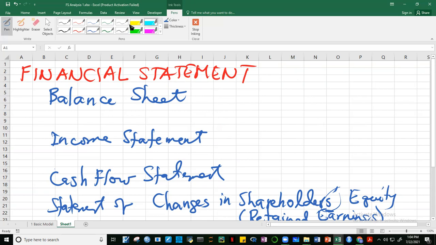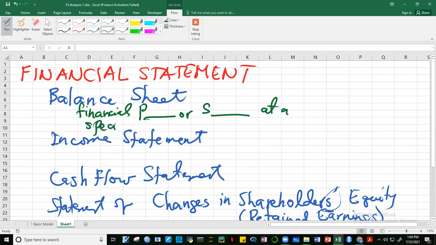Ano ba yung balance sheet? The balance sheet tells us it's a report on the financial blank, di ba? Or financial blank at a specific blank of time.